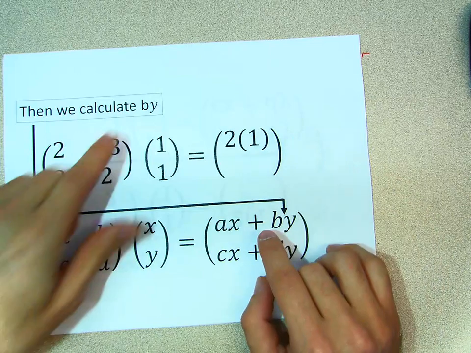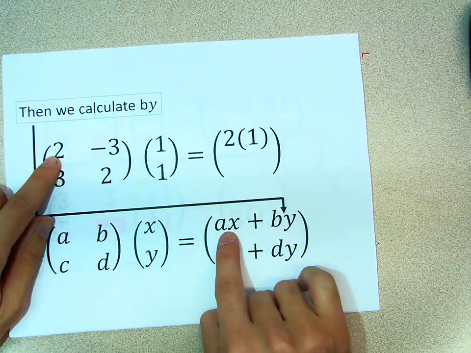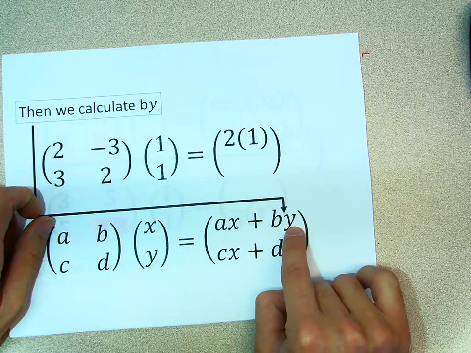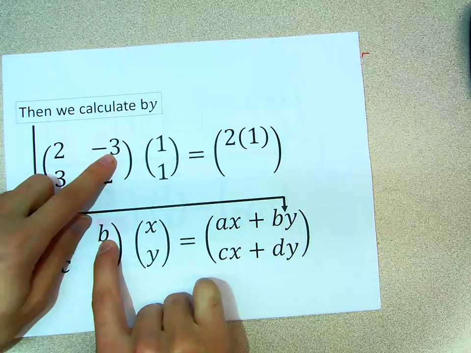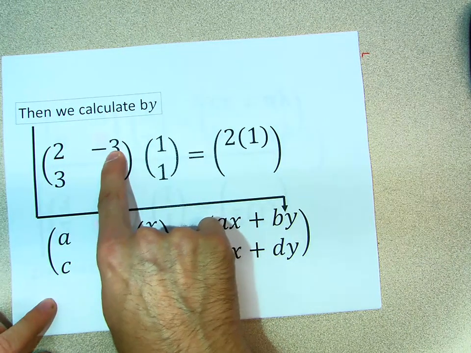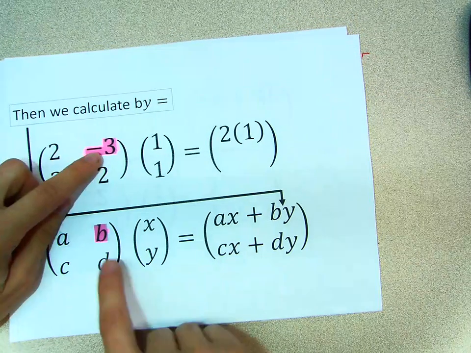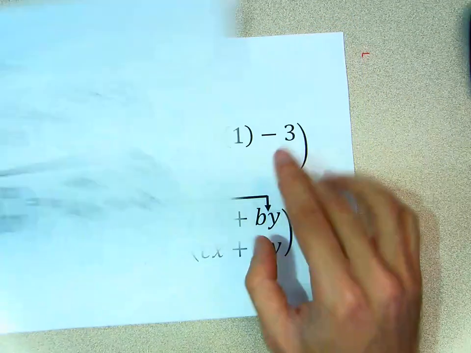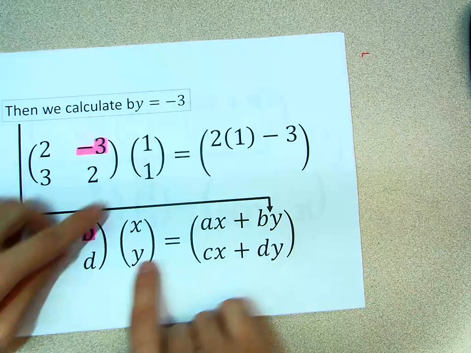And then once we have the a times x, which is 2 times 1, we're going to do b times y. Now here, where is my b? My b is -3, and my y value is 1. So I'm going to do -3 times 1. And just so we show it step by step, this is my b, and here I'm multiplying this b to this y.